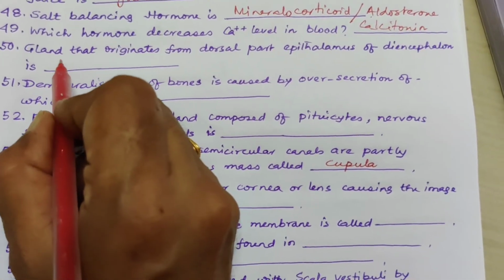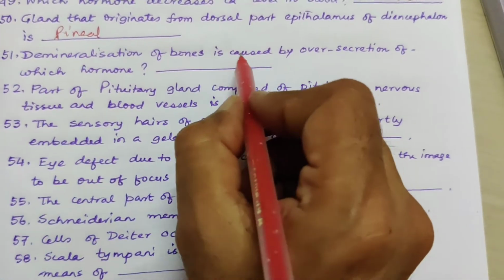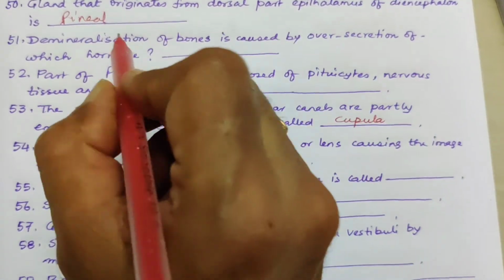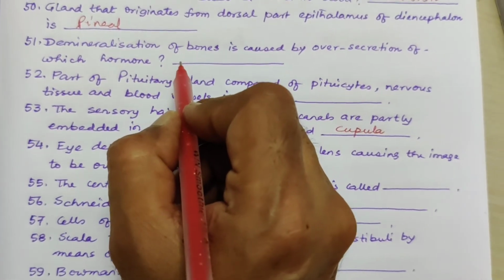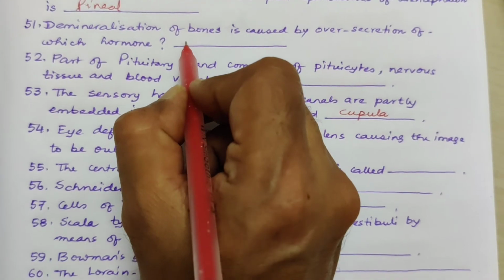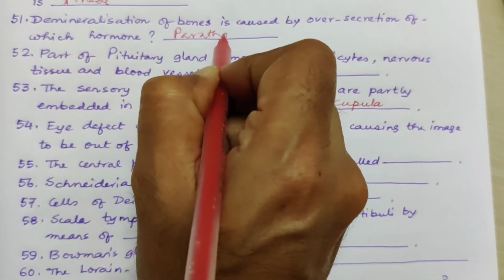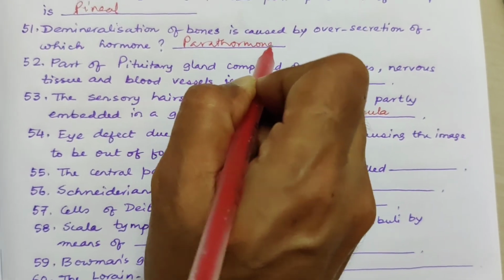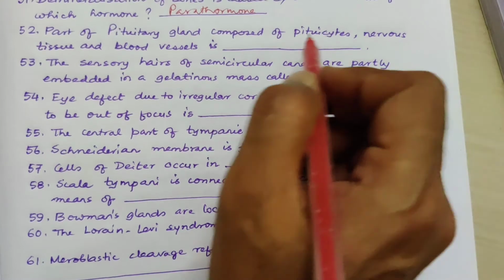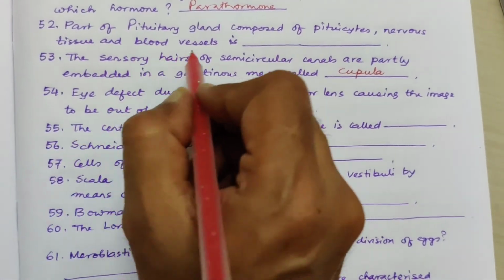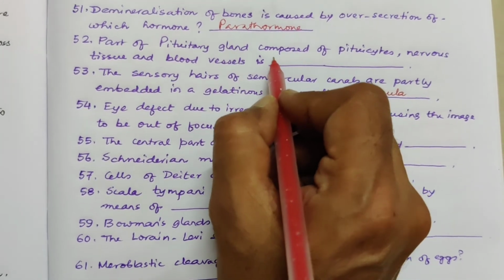Demineralization of bones is caused by oversecretion of which hormone? This is parathormone. Part of pituitary gland composed of pituitary nervous tissue and blood vessels is neurohypophysis.